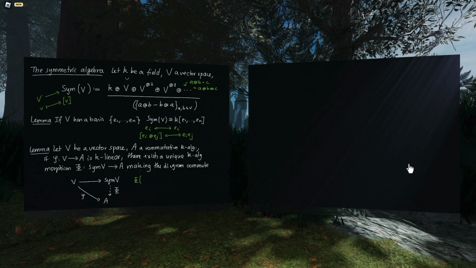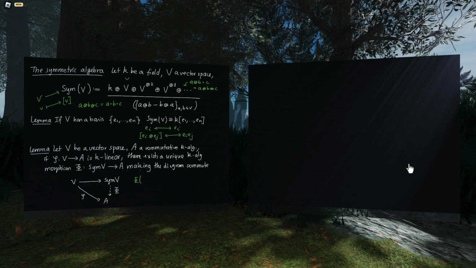So for example, if I want to take a tensor b tensor c, a, b, and c vectors in V, well, that's just a times b times c. In the vector space V, I can't necessarily multiply things, but in the symmetric algebra, I can always multiply vectors in V to get other things in the symmetric algebra.